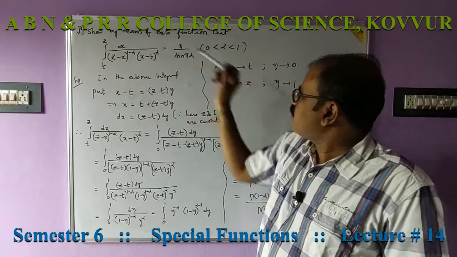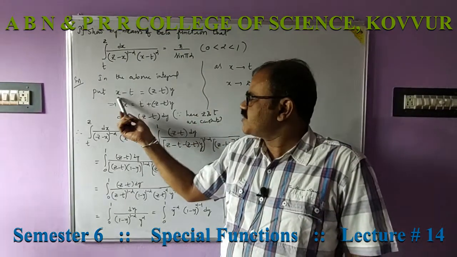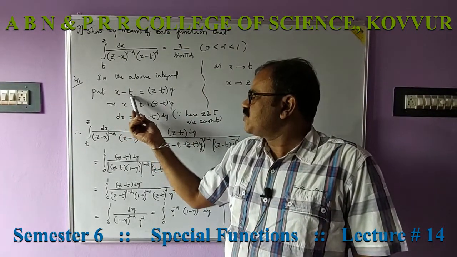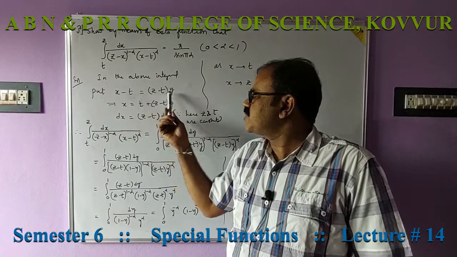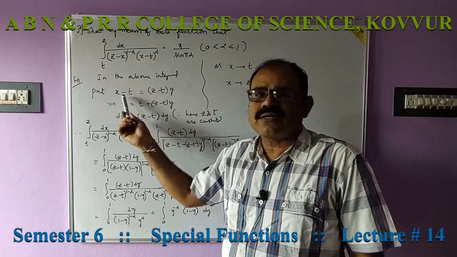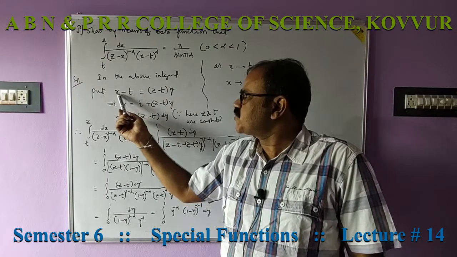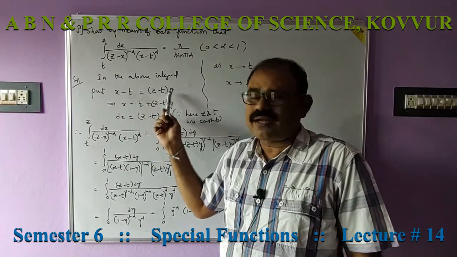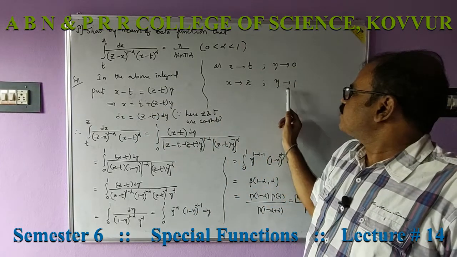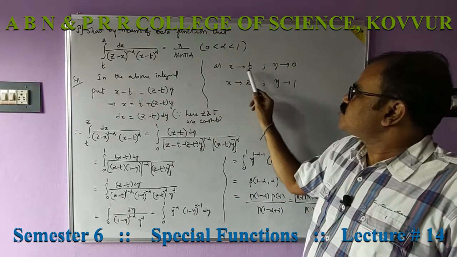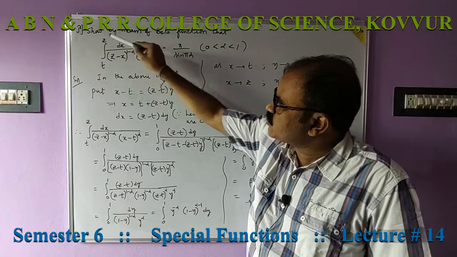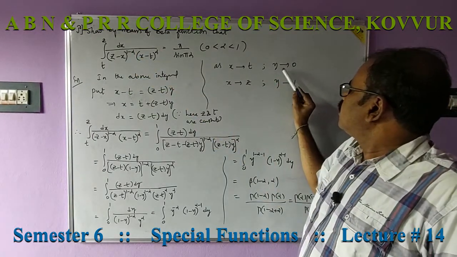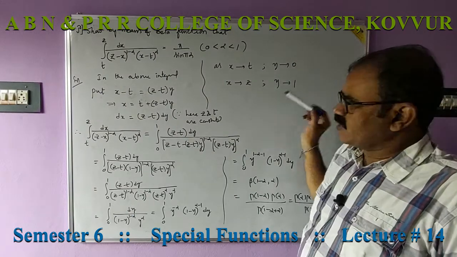As x tends to the upper limit z, z minus t is equal to (z minus t) into y, which means y is equal to 1. So, as x tends to z, y tends to 1. When x tends to t, y tends to 0. Therefore, the limits of x, t to z, become the limits of y as 0 to 1.